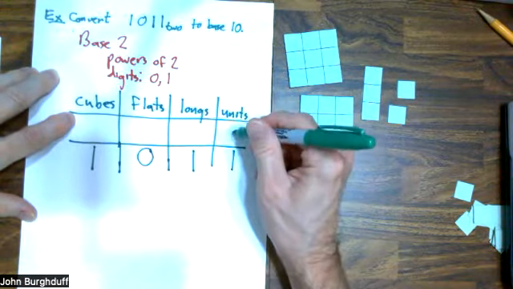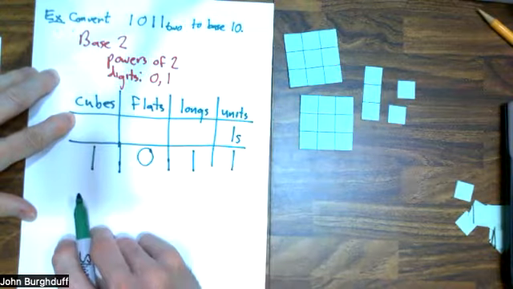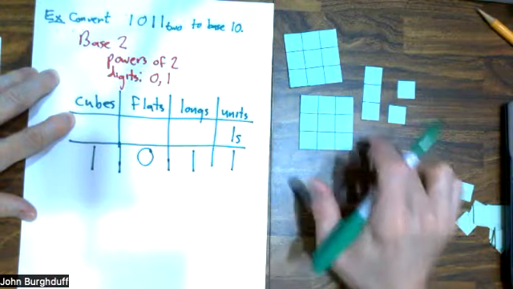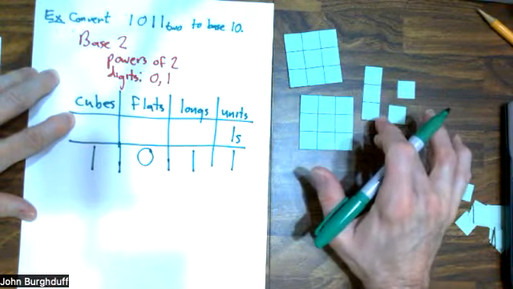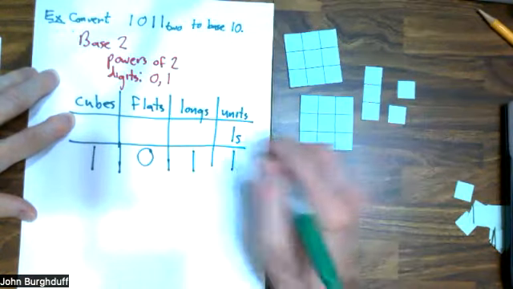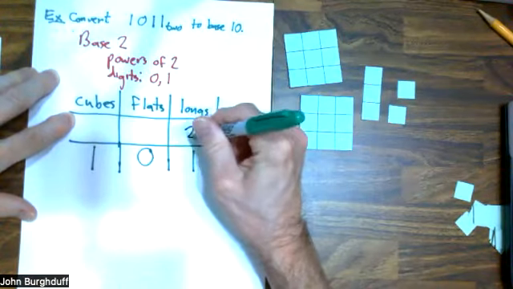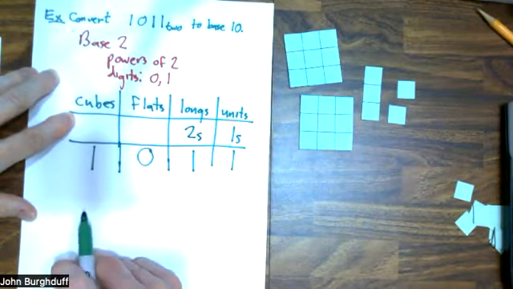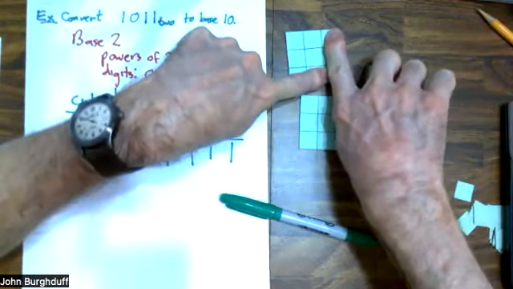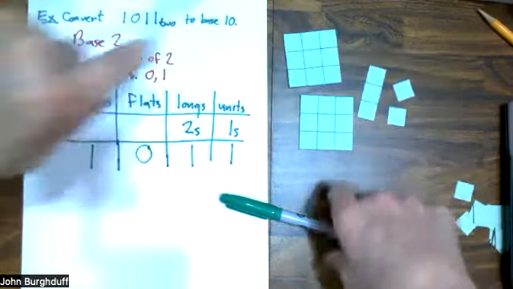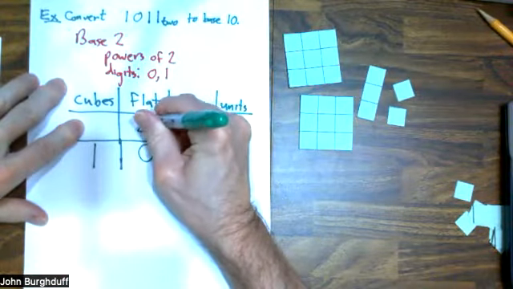So our units are simply units, they're ones, but our longs, instead of being 3 units, would only be 2 units. So these would be 2s. And our flats, instead of being 3 by 3, would be 2 by 2, or 2 squared.